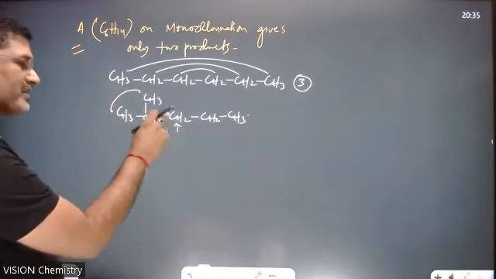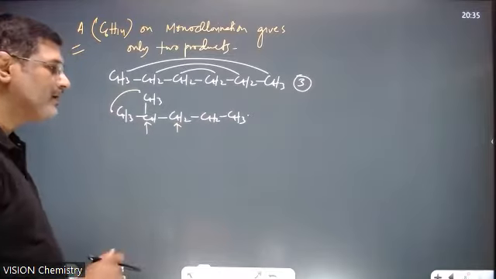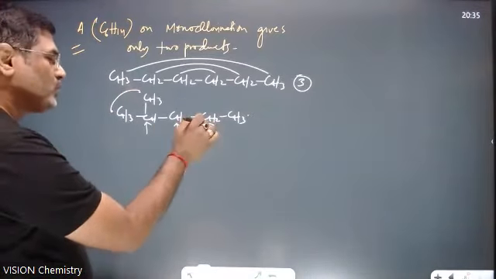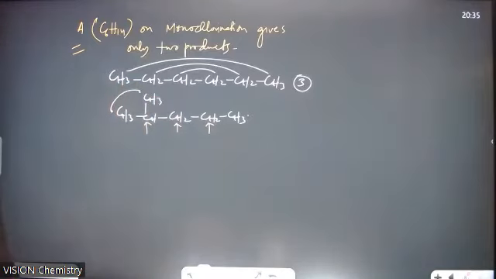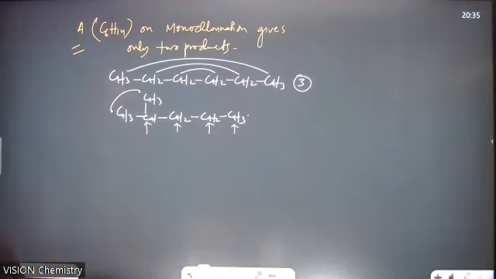Because if the reaction takes place here, you will get 3 chloro 2 methyl pentane. But if the reaction takes place here, you will get 2 chloro 4 methyl pentane. Both are different. And this one is also different. So total how many?